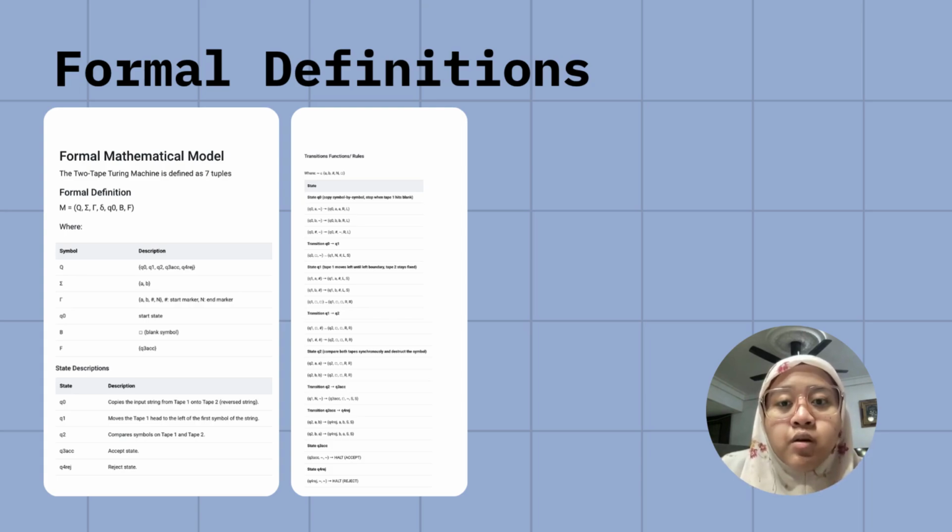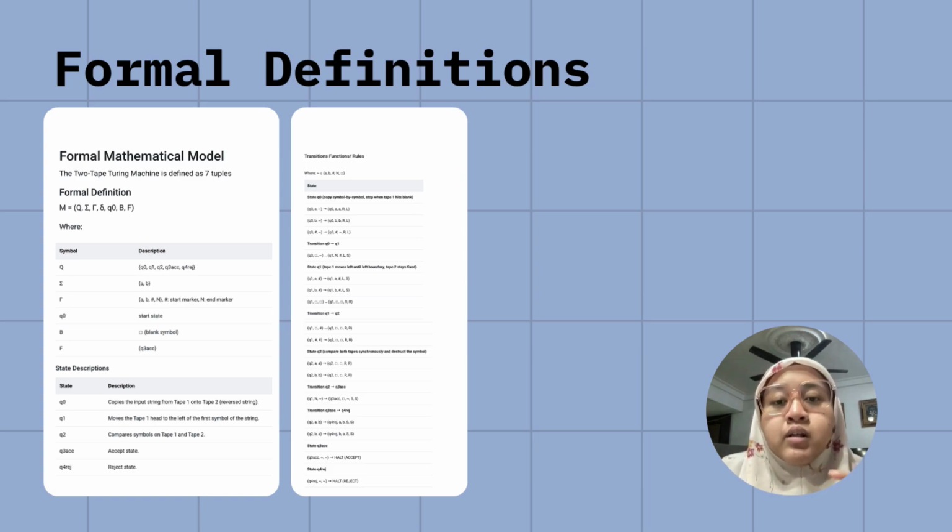First, Q represents the set of states. Our machine has five states: Q0, Q1, Q2, Q3 as accepting, and Q4 as rejecting. The input alphabet, Σ, contains the symbols A and B, which are the only input symbols our machine processes.